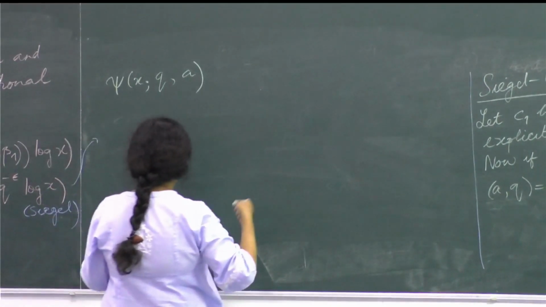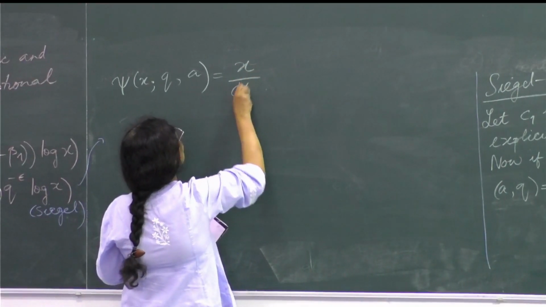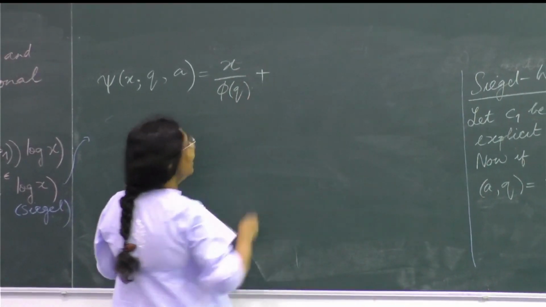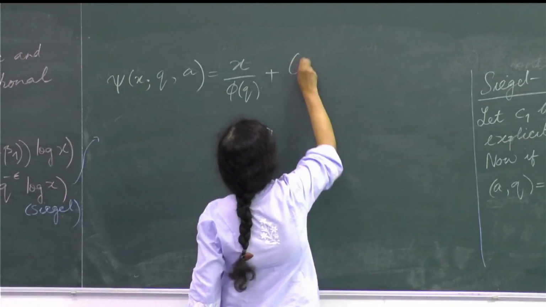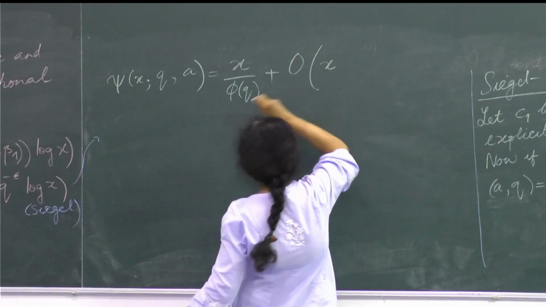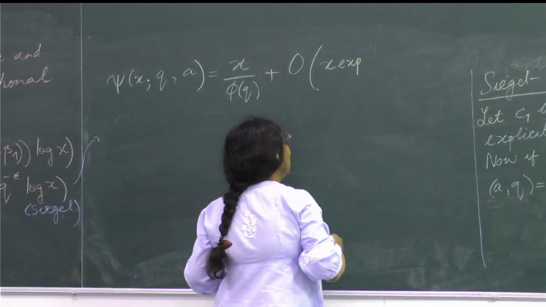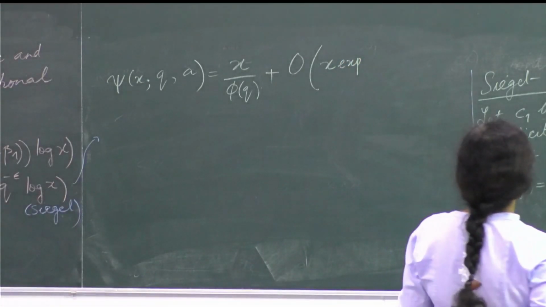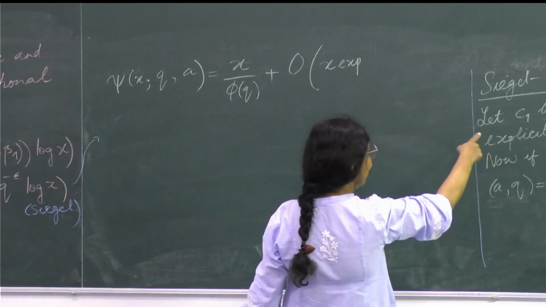psi of x, q, a. You remember the main term. This is x by phi q. And then I take everything into my error term. So what is it? I get an x, and an exponential of that C1, remember?